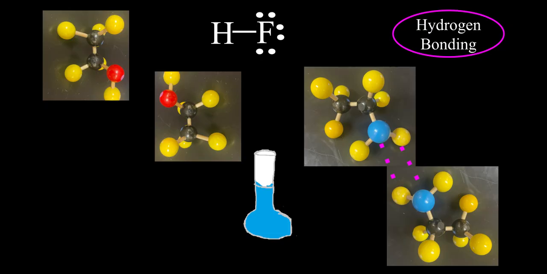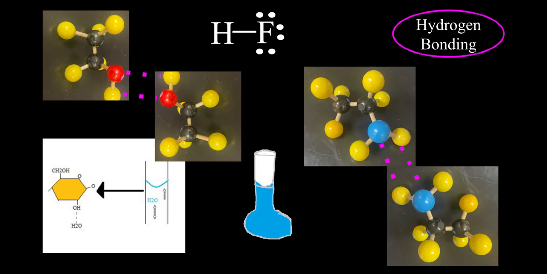This is ethyl alcohol; red is usually oxygen. It would have hydrogen bonding when they align like this. In cellulose in plants, there's hydrogen bonding between the water and the oxygen, and that allows water to move up to the canopy of trees.